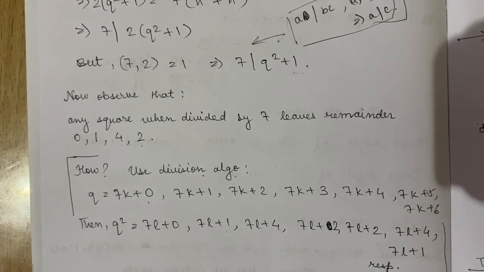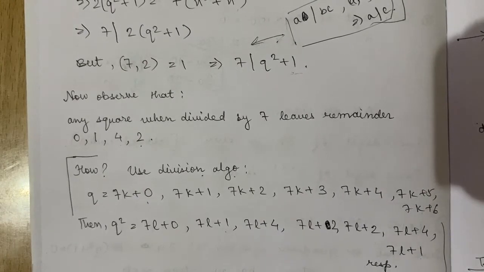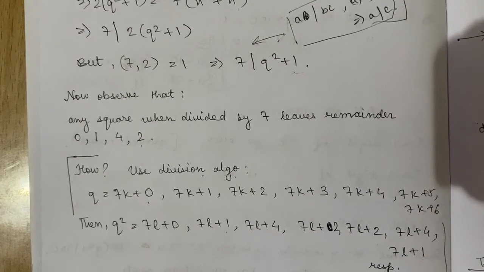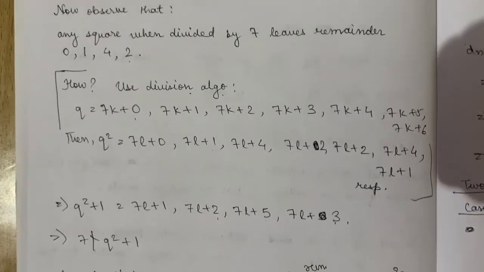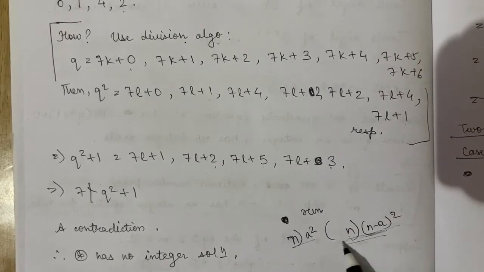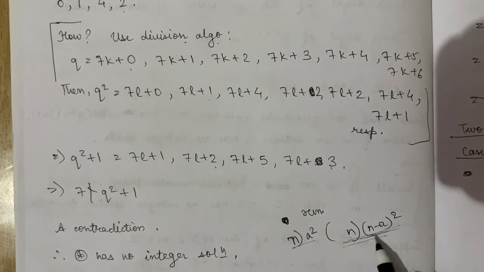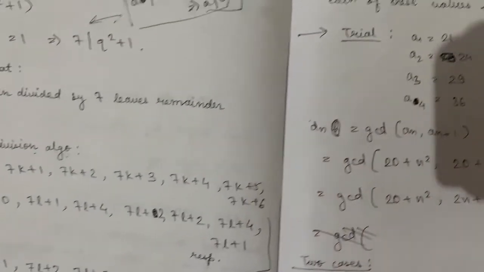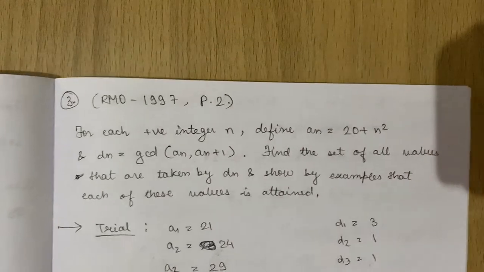So this basically says that the remainder of a square by n and of n minus a square by n are the same. Both a square and n minus a square give the same remainder when divided by n. So that's another idea. This concludes the problem.